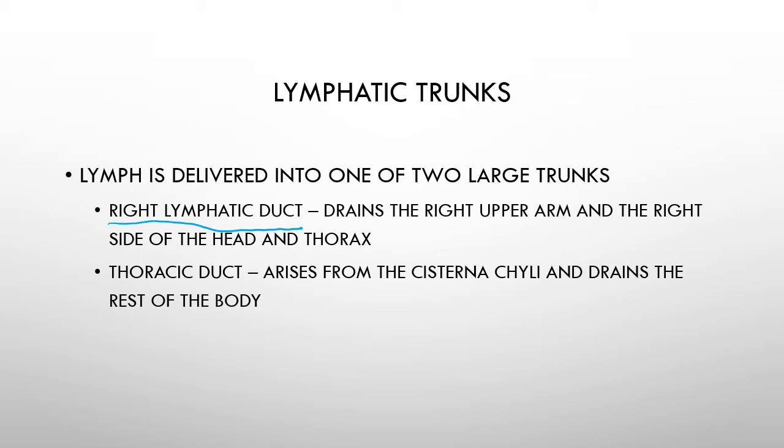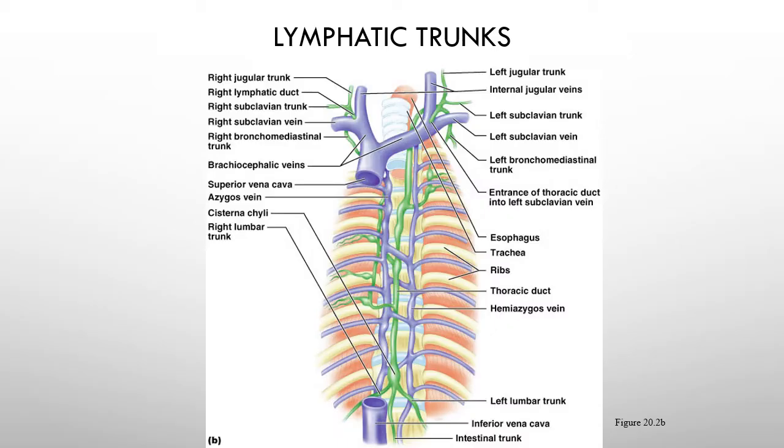The thoracic duct drains the left arm, the left thorax, the left side of the head, and everything below the diaphragm. So the thoracic duct gets the whole lower part of the body. Everything below the diaphragm is drained through the thoracic duct, and we leave the rest to the right lymphatic duct.